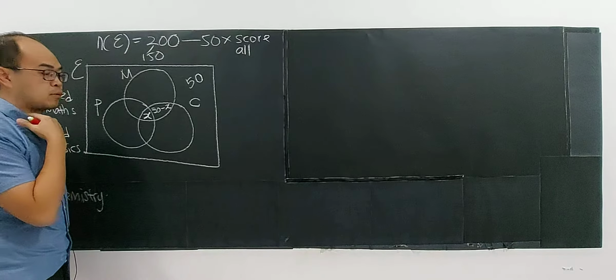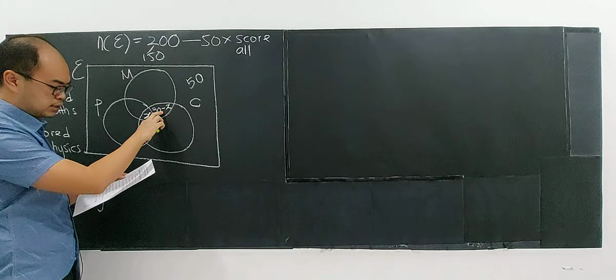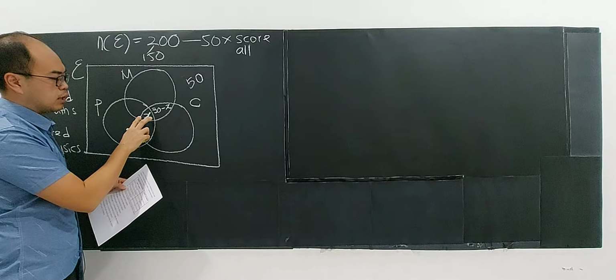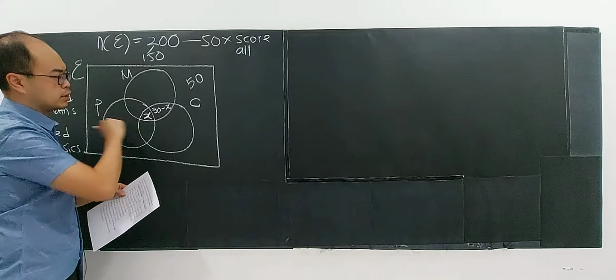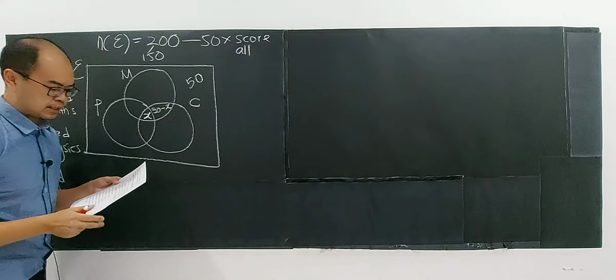So inside the 30, some of them can be scoring in the 3 subjects. So I put 30 minus X.